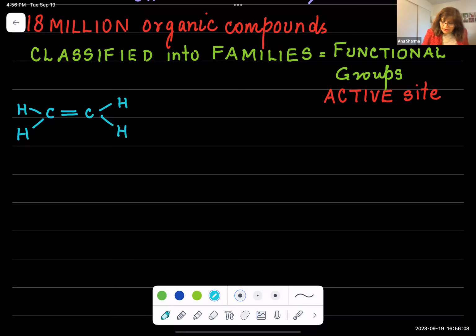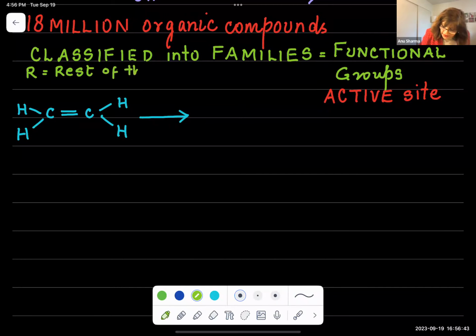Now, instead of having hydrogen, it can also be replaced with R. So R could be any other thing that is non-reactive, or we are not interested in the reactivity of that one. So this hydrogen can also be replaced with R. Like I said, R stands for rest of the molecule, that does not take part in the reaction.